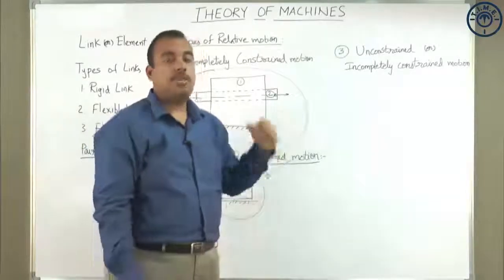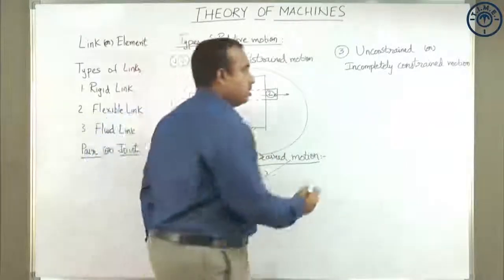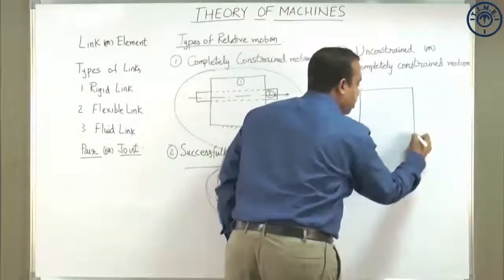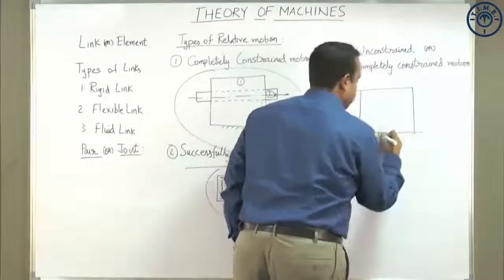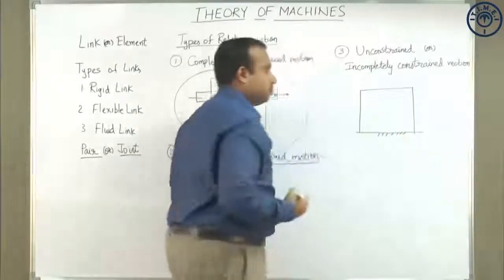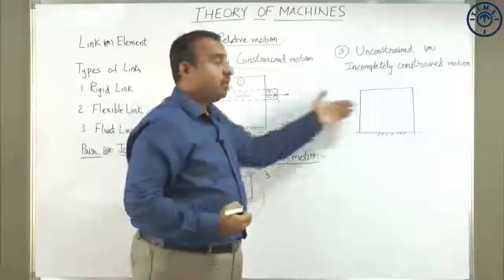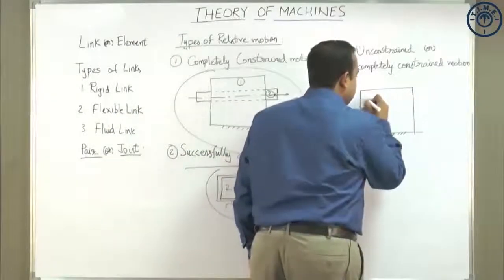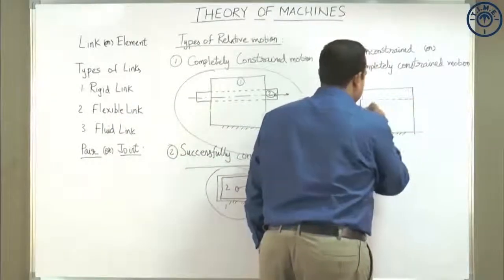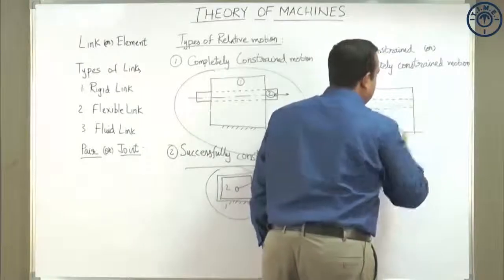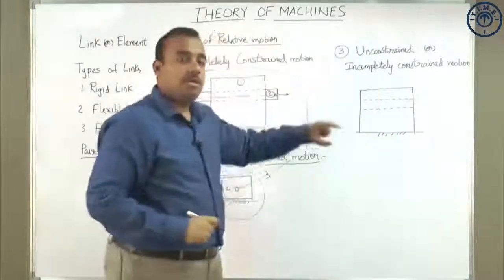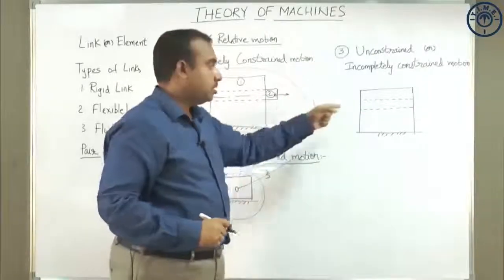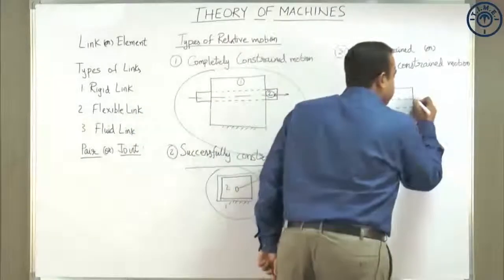Let us understand this with the help of an example. Let us take a block which is one link, and we are drilling a circular hole through the block. And there is a circular cross sectional shaft which is rotating inside this hole.